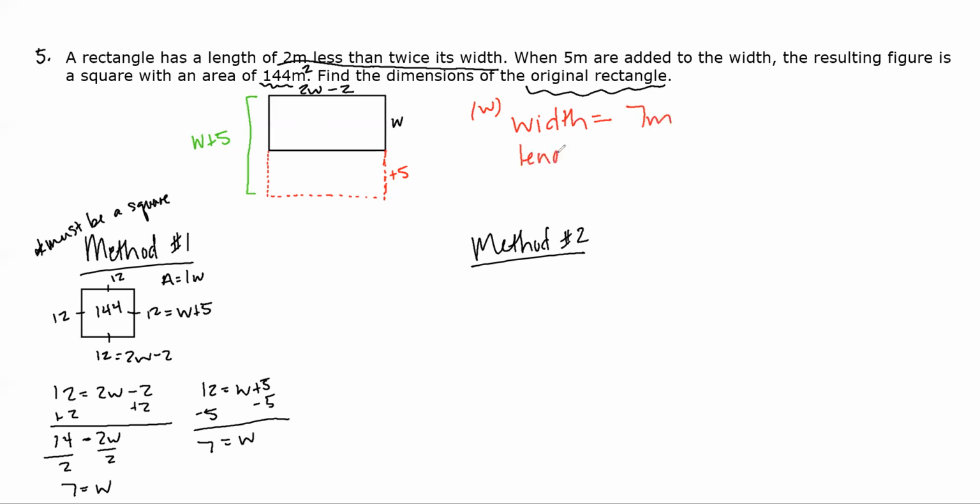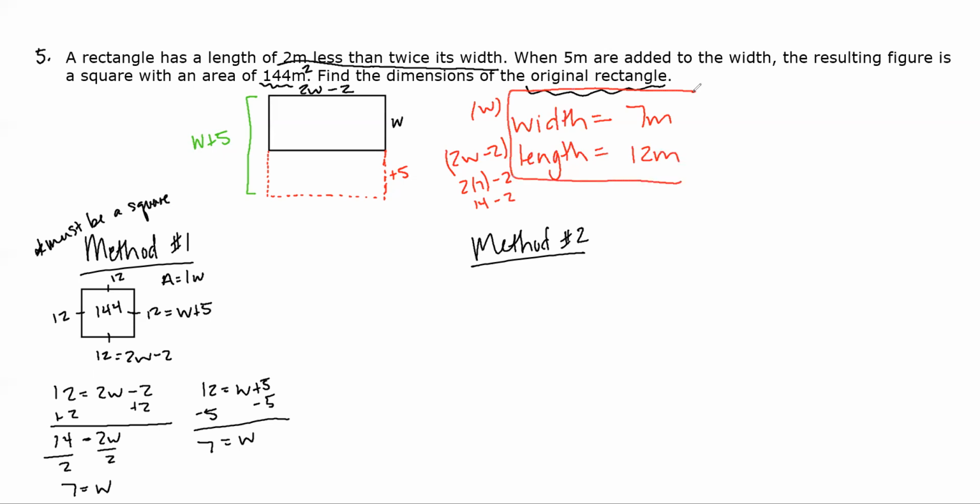The length is 2W minus 2. We actually already figured this out, but if we plug in the 7, 2 times 7 minus 2, 2 times 7 is 14, minus 2 is 12 meters. And we got that over here because we know that that length has to be 12 no matter what.